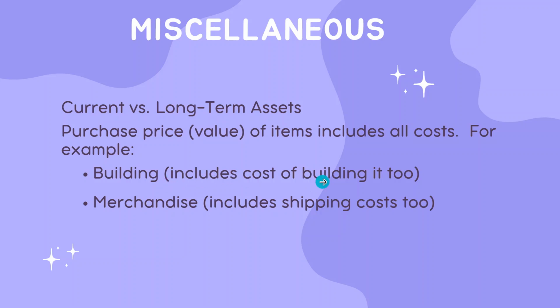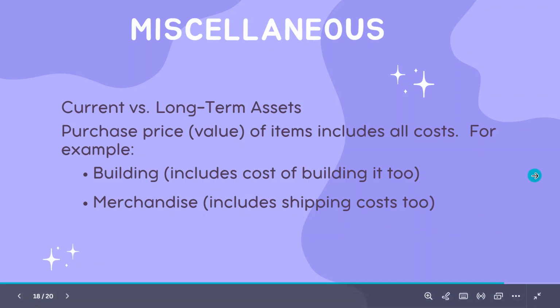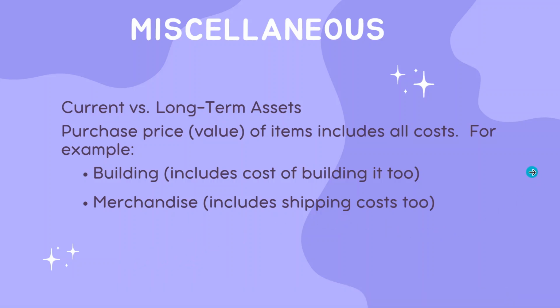You also had to pay somebody to install it, to put it in. So the total amount they charge you $250,000. So your building is debited for $750,000, not just the actual cost of the building itself. Everything for it to be usable. Okay.